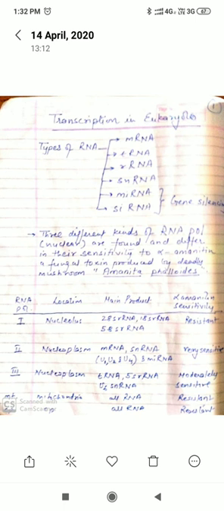Students, today the topic of my lecture is transcription in eukaryotes. In my previous lecture regarding transcription, I focused on transcription in prokaryotes.